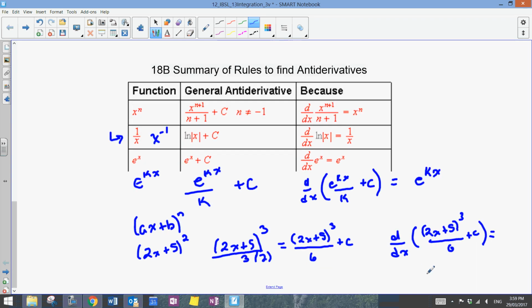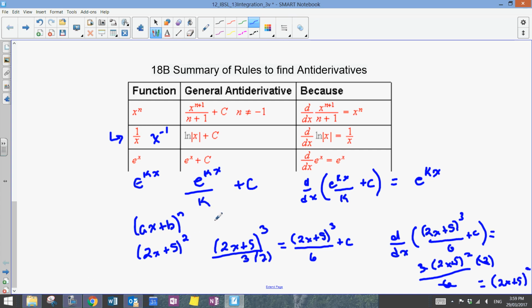Let's see what happens here. 3, 2x plus 5 to the second power, all over 6, and multiplied by the 2. So 2 and 3 make 6, so those will cancel with the 6, and I do wind up just getting back to 2x plus 5 to the second, which is what I started with, right?